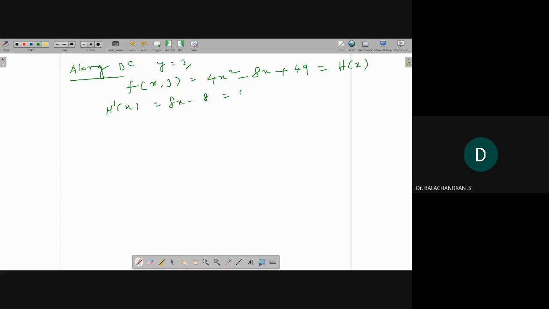Function of single variable h of x. This implies x is equal to 1. h double dash of x equal to 8, which is greater than 0.